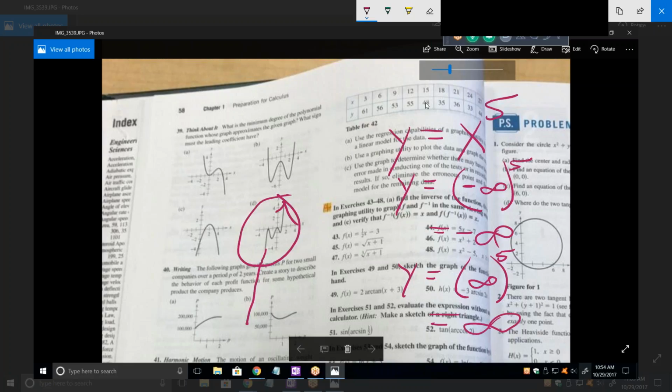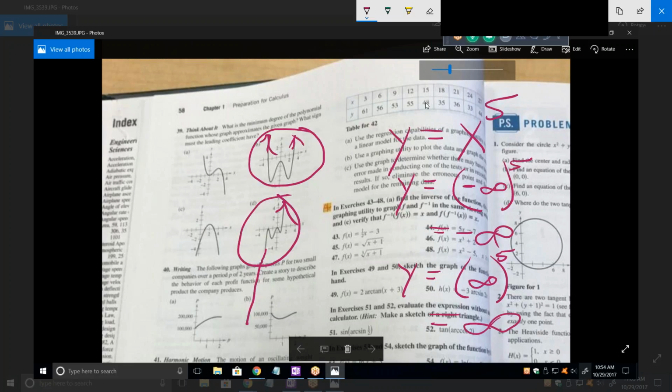So really, the only thing you actually have to do on any of these 4 problems is determine one end behavior, either the left-handed end behavior or the right. Although I suppose in this case, you kind of need to do both, because it's a little weird that both go to infinity. But what you're going to notice is that on functions of even degree, they both go in the same direction.